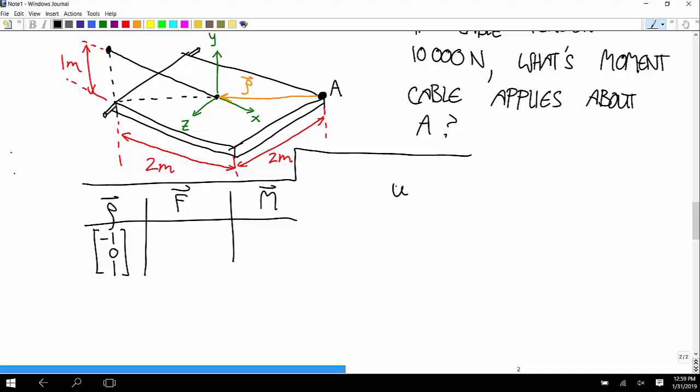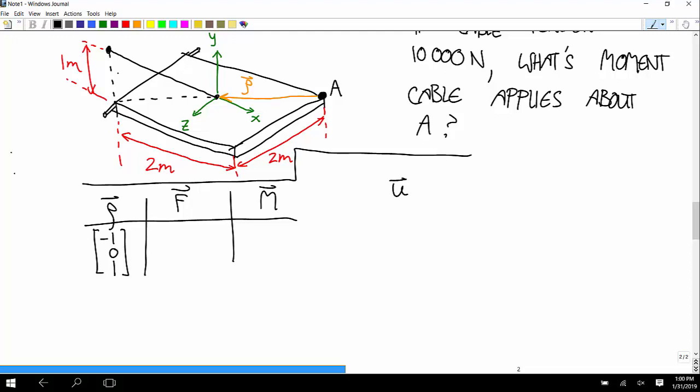Okay, so the first thing we want to do is come up with a vector, it's not going to be a unit vector, that goes from where I drew the origin, where the force is applied, to the connection with the wall. So we have to come up with the components of a vector going from here to here.